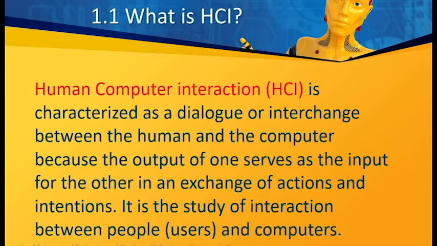For example, if we're discussing the design of a website, then the website itself would be referred to as the computer. Devices such as mobile phones can be considered as the computer. When we talk about the interaction, it attempts to ensure that they both get on with each other and interact successfully.